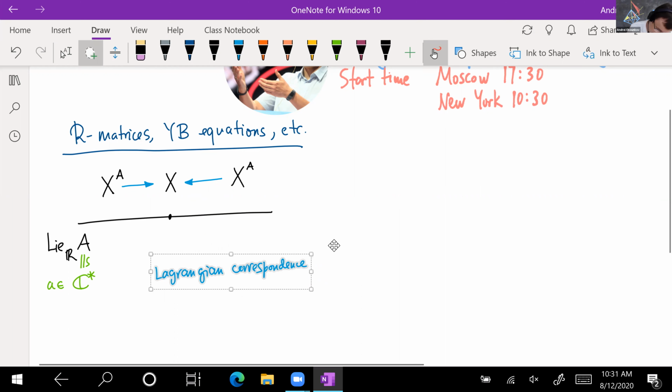So there's a shift by that index applied to h bar. This is a co-character of a torus.